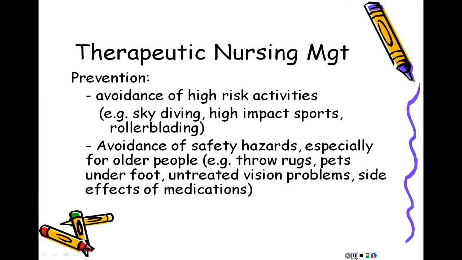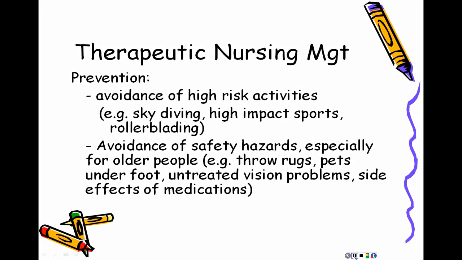Avoidance of safety hazards, especially for our older adult. Throw rugs, pets under the foot, untreated vision problems, side effects of medications. And so we talked about the patients with hypertension and the different ways that hypertension can affect the patient, especially when we're treating them for hypertension.